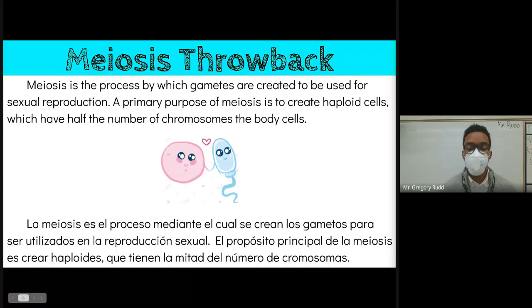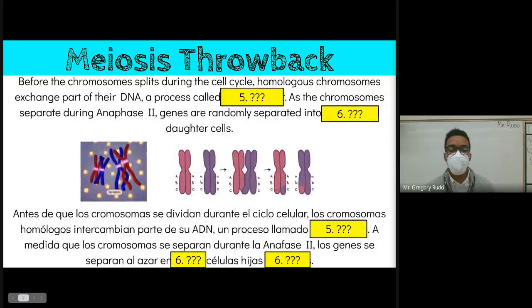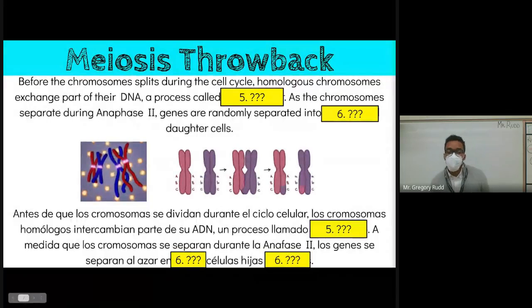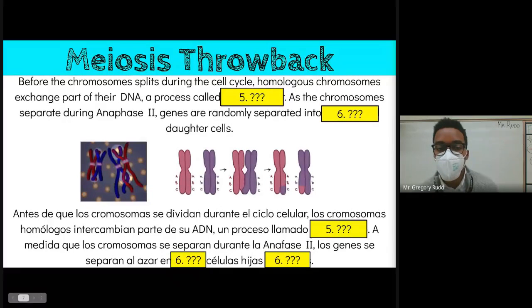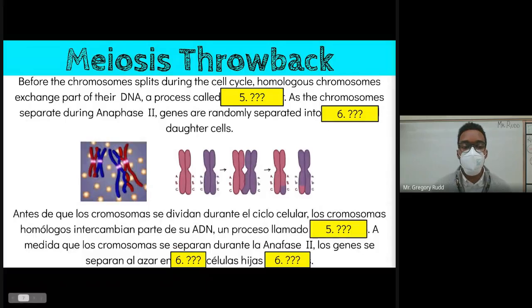Meiosis is the process by which gametes are created to be used for sexual reproduction. A primary purpose of meiosis is to create haploid cells, which have half the number of chromosomes of the body cells. Before the chromosomes split during the cell cycle, homologous chromosomes exchange part of their DNA. What's that process called?